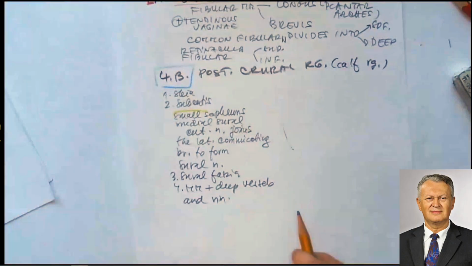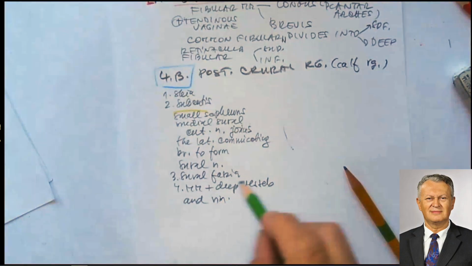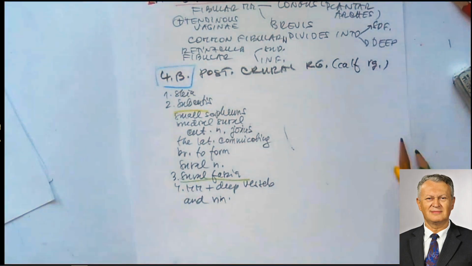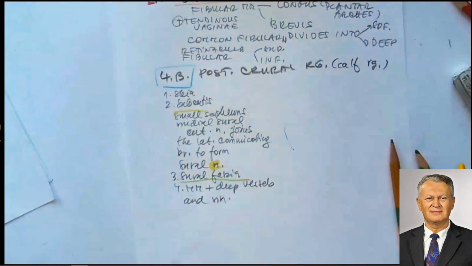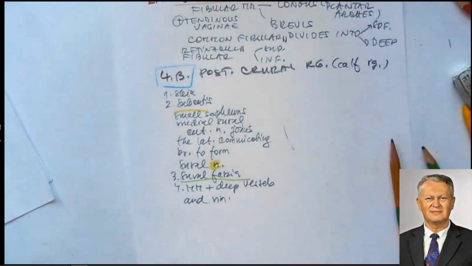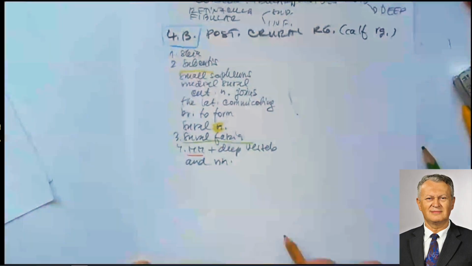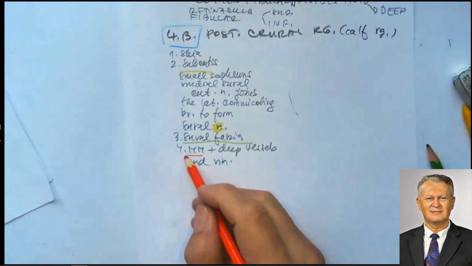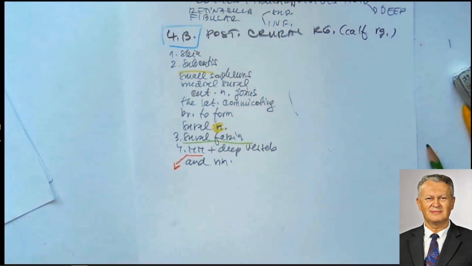So, and nerves. So how is it with the sural fascia? Nerves, we said sural nerve. And then muscles, muscles are arranged into 2 groups. You see, I'm leaving the right column for one diagram.